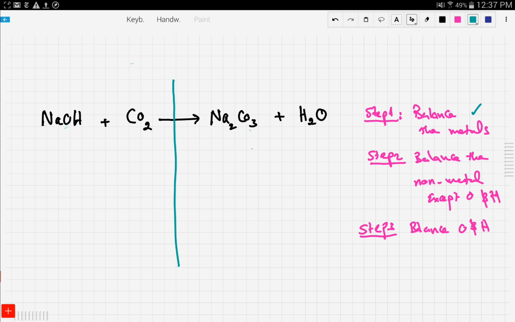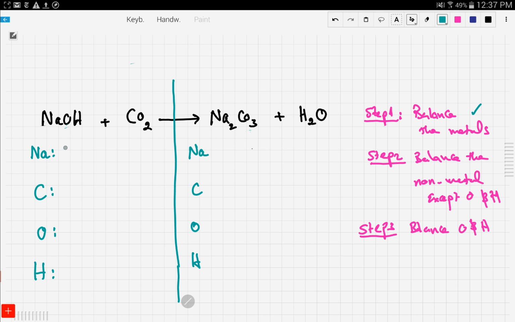Now let's get started. First we list our elements, which are sodium, carbon, oxygen and hydrogen. Same thing here, sodium, carbon, oxygen and hydrogen. Now let's balance.